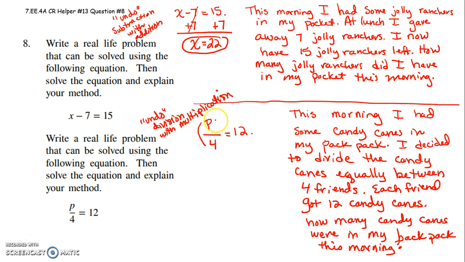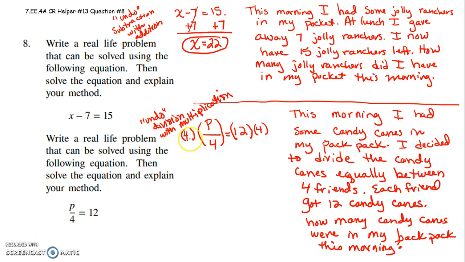I undo this division by multiplying. I need to multiply the left-hand side of my equal sign by 4, and I also need to multiply the right-hand side of my equal sign by 4.